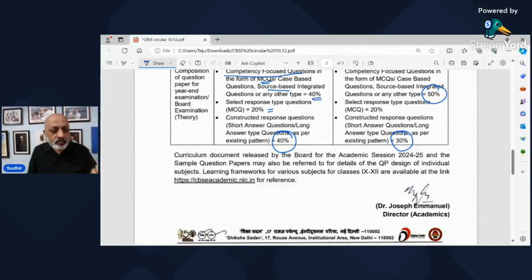So there will be sample question papers which will always be put out by the CBSE. I will also be helping you with test papers in the second half of the academic year. Sorry, the test papers will be put on our Study with Sudhir app.